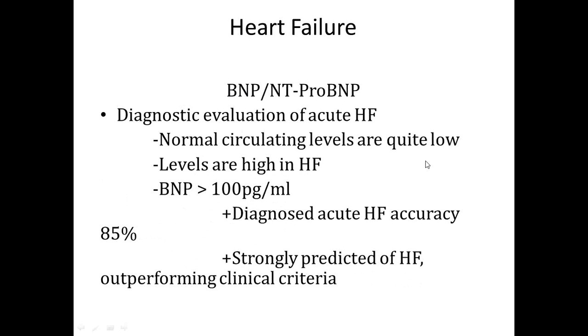So circulating levels are quite low in normal individuals. In a normal person, the circulating levels are very, very low because in order to induce the BNP, you need to get increased pressure, increased volume in the LV. Levels are high in heart failure. And one of the cutoffs for BNP is greater than 100 picogram per ml.